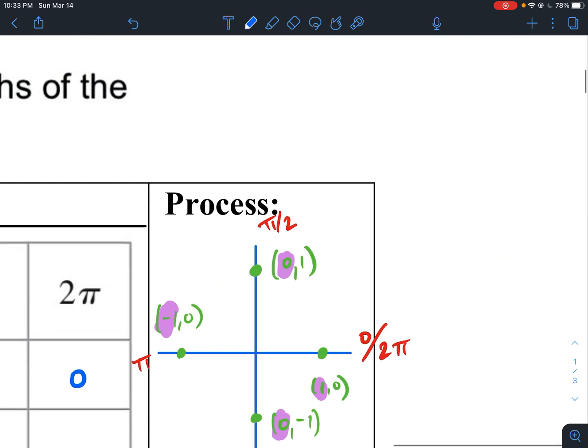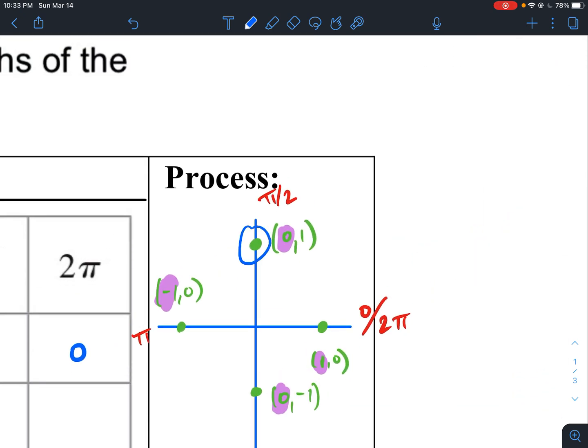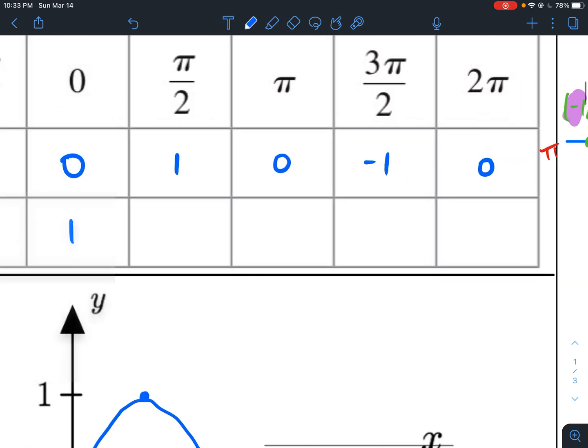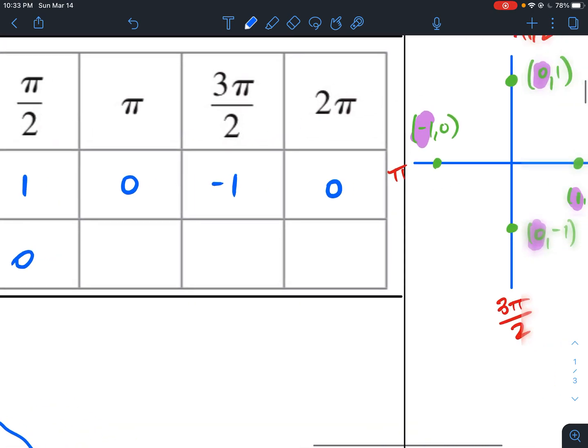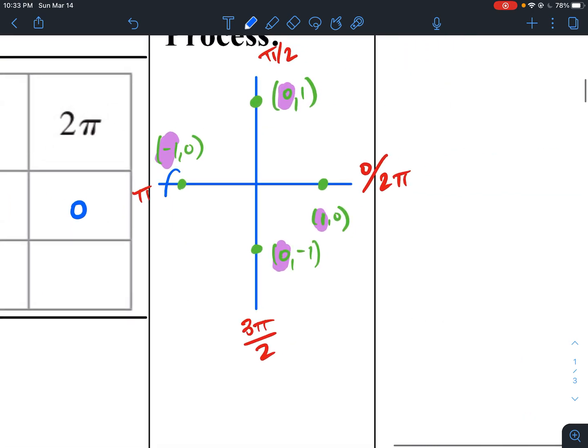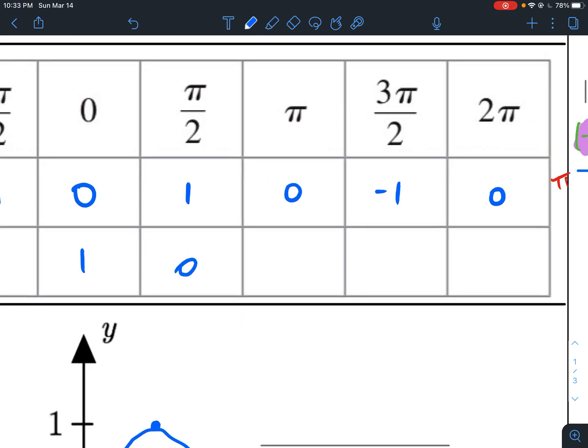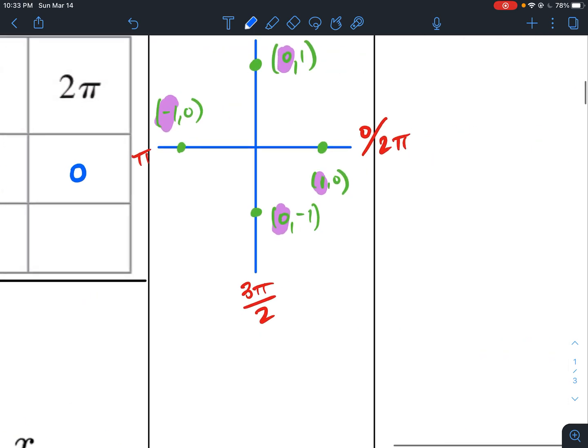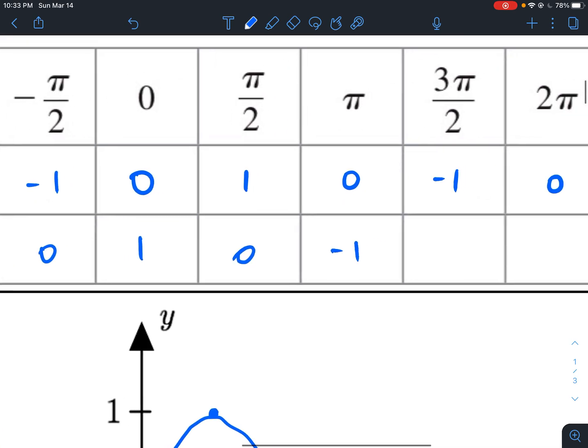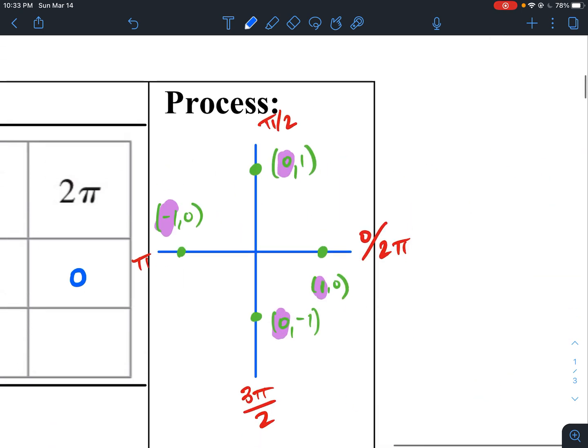At pi over 2, we'd be right here, and that's 0 over 1, so we'd have 0. At pi, it's negative 1, so negative 1 over 1, so negative 1. 3 pi over 2, which would be 0. And then at 2 pi, we'd be at 1 over 1, so 1.